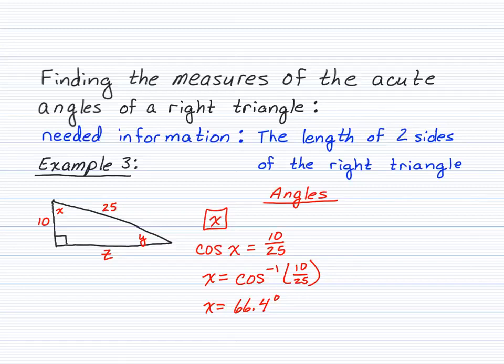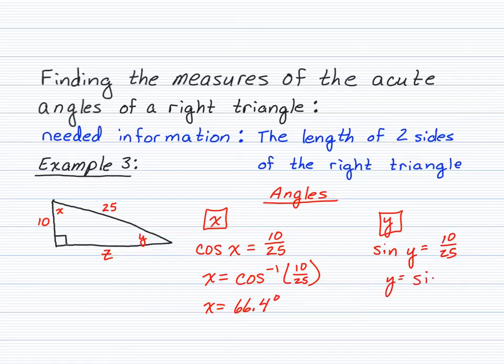Now, for y, the 10 is no longer the adjacent side. For y, 10 is the opposite side. So we have opposite and hypotenuse. So that will give us the sine function. So the sine of y is equal to 10 over 25. We do our inverse.